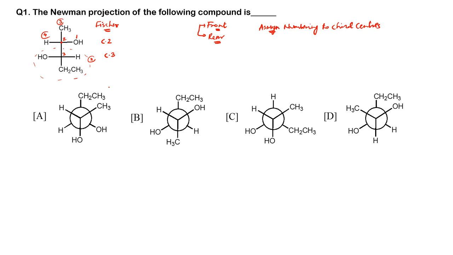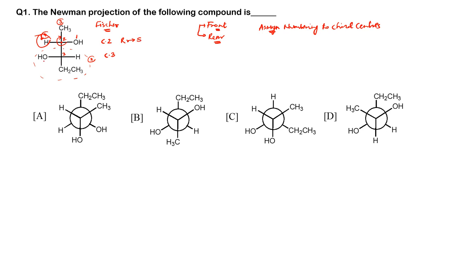Hydrogen will have the fourth priority. So in this case, first, second and third move in a clockwise direction. So we can expect that this will be R, but the hydrogen here is towards the observer, so R will change to S.